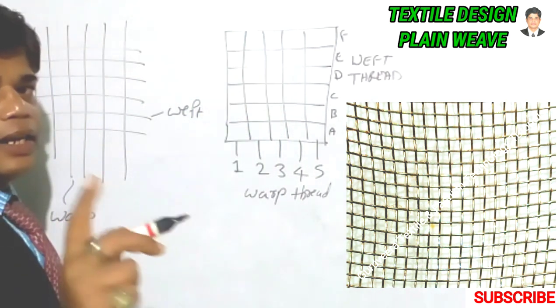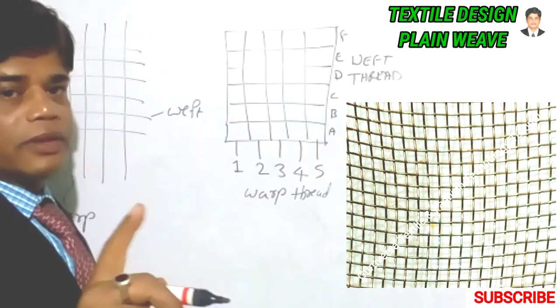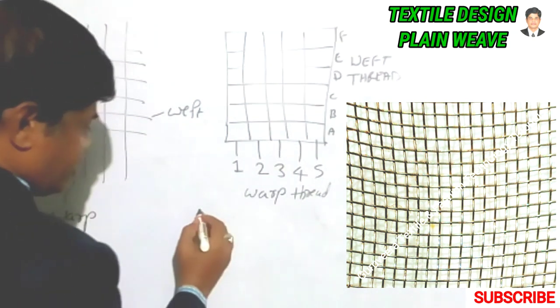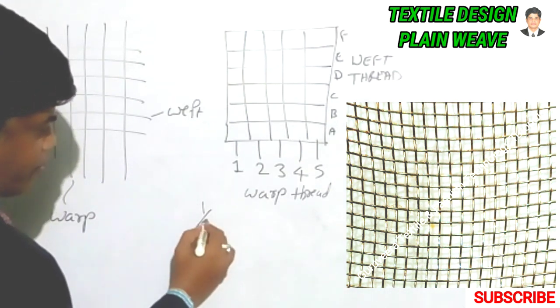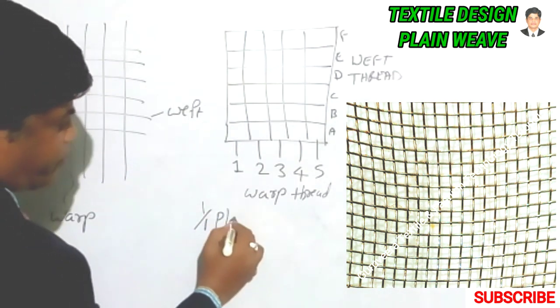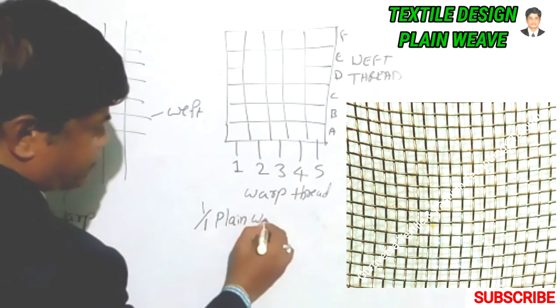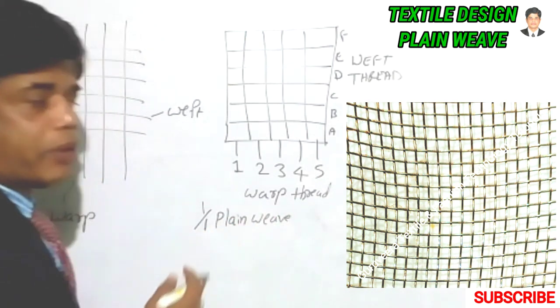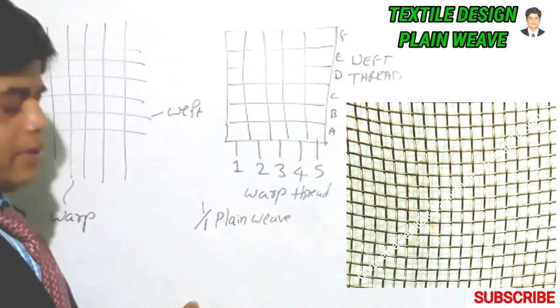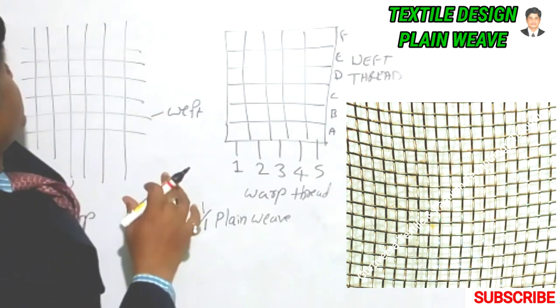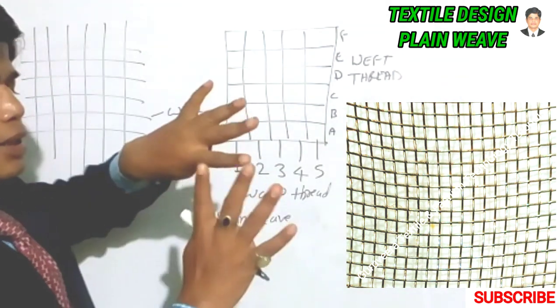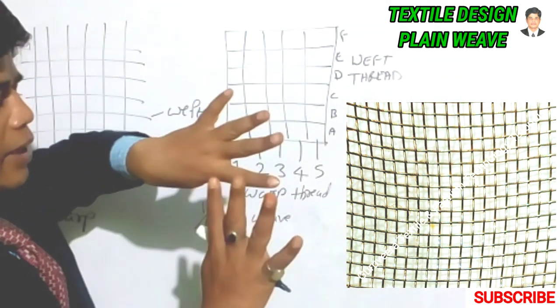In plain weave, different plain weaves are there. One is the 1 by 1 plain weave. What is 1 by 1? This is the interlacement. These are the warp threads, and this is the weft thread.